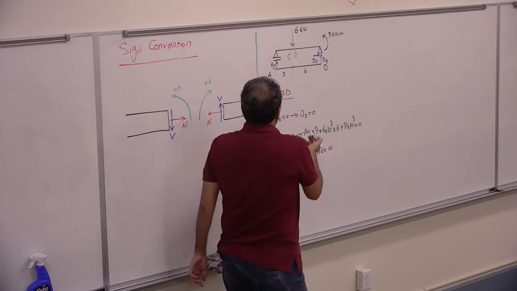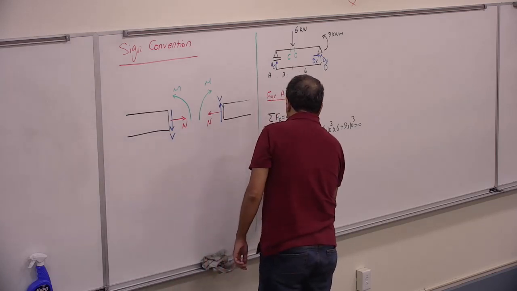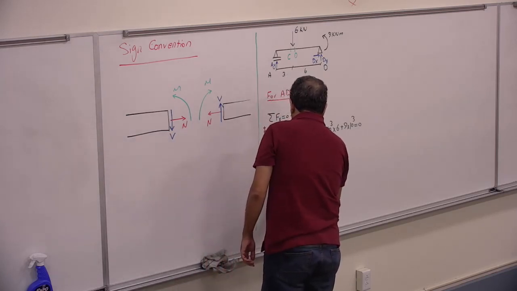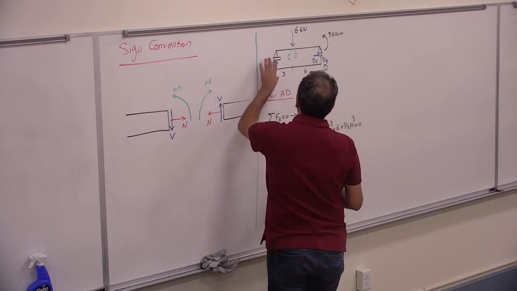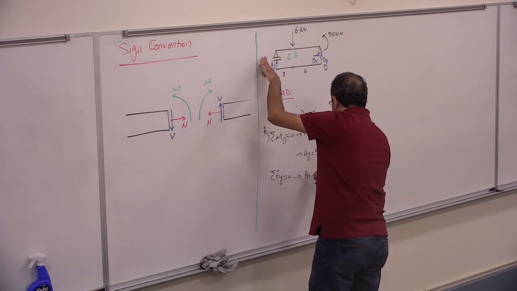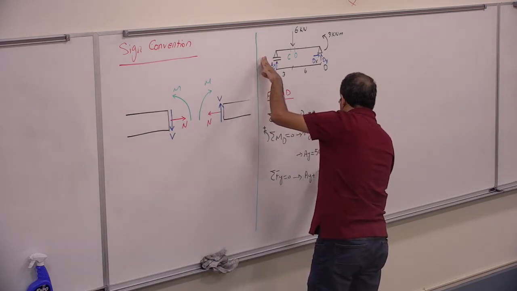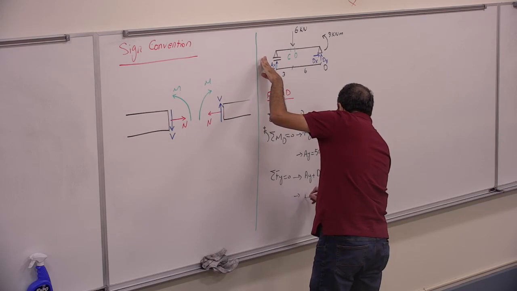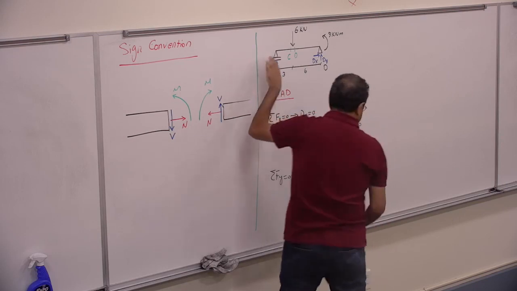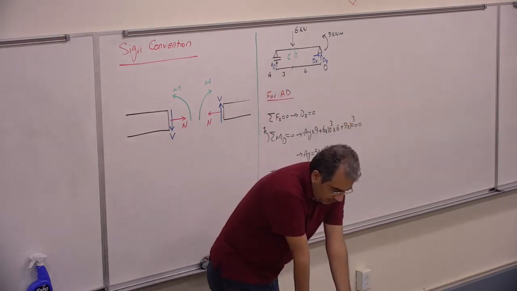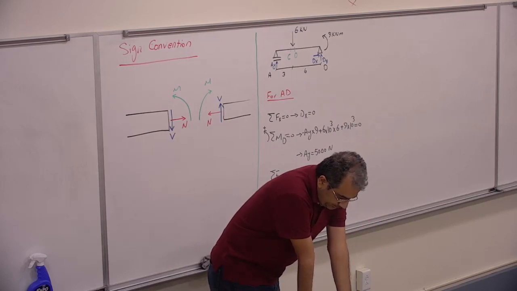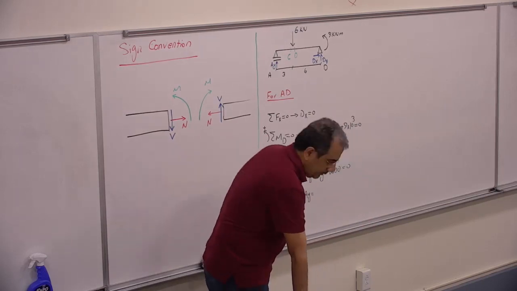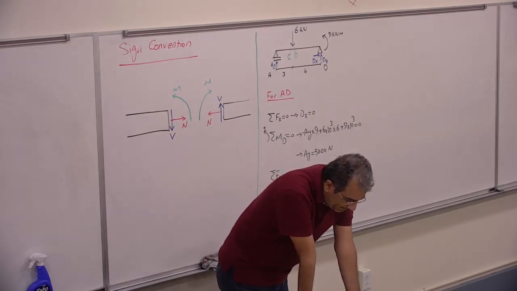And then I can write sigma Fy equals 0. It's going to be AY plus DY minus 6,000 equals 0. Therefore, sorry, DY would be 1,000.